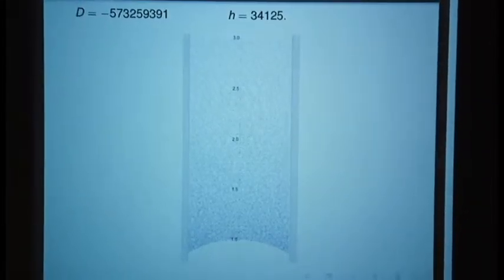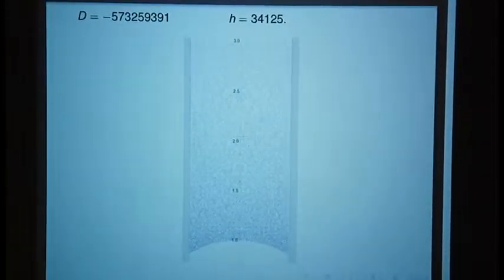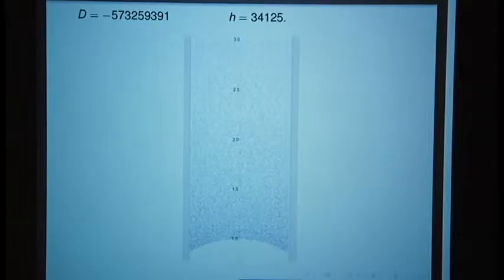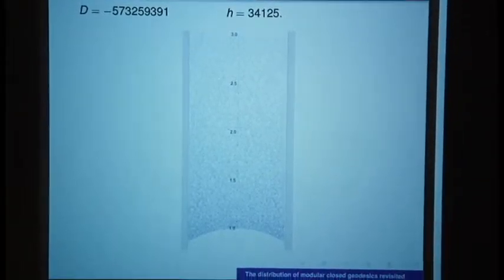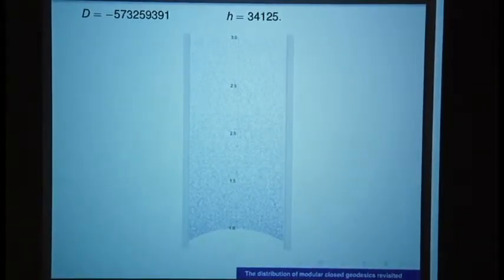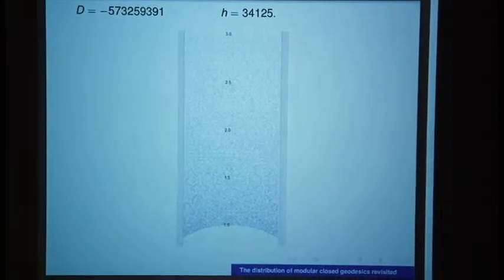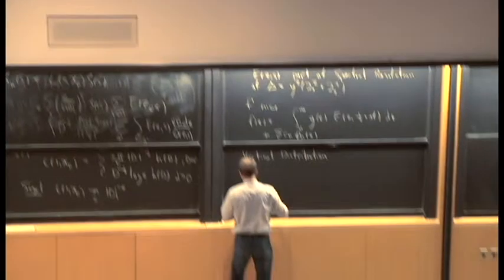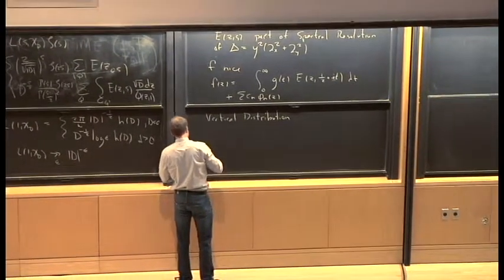It's not going to tell you what's happening down here, because if you take a strip, you're going to include points here which are actually equivalent to points way up here. But the Eisenstein series does that, and it does it in a very natural way. So let me show you how that works.